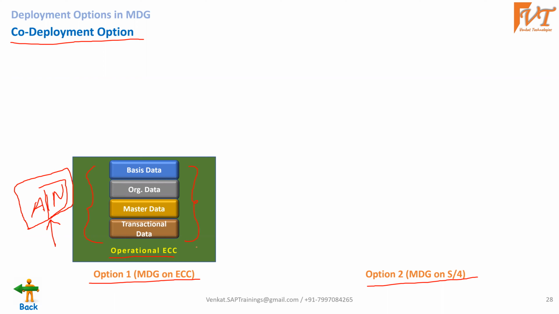So now what we will do, this is operational ECC. In the ECC system, we will install the MDG component. That's it. To give you more clarity, let's say I have my laptop. I want to create office work.